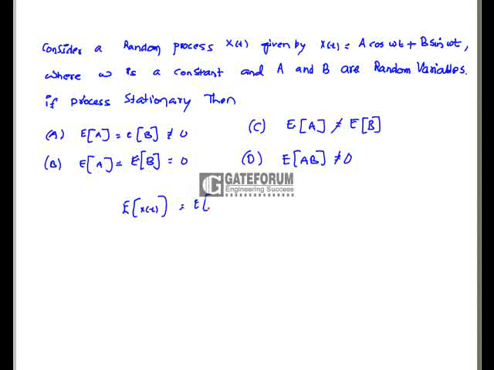So expectation of a cos omega t plus expectation of b sin omega t. So expectation of x of t is independent of time if and only if both expectation of a as well as expectation of b are equal to 0. That is option C is correct. Option B is correct.